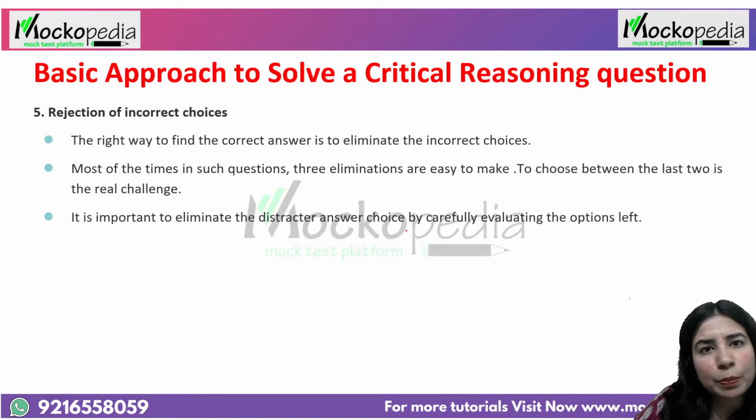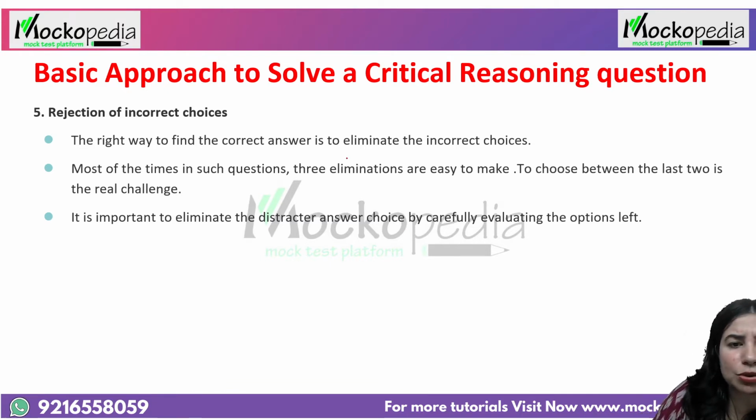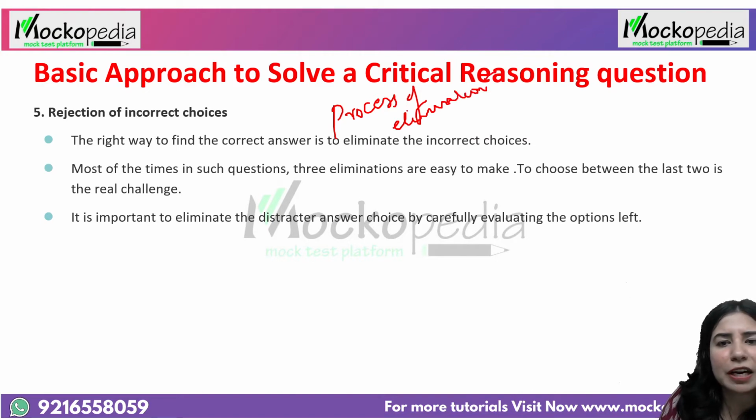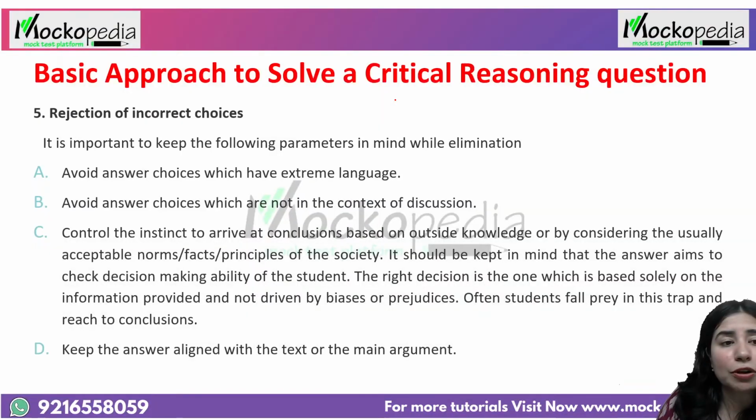The last step would be that you have an answer in your mind. Now you're matching it with the available options. So you need to do this, which we call a process of elimination. So what do we do in process of elimination? We eliminate the incorrect answer choices. So what will be the ground of eliminating incorrect answer choices? Let's discuss. The first ground of eliminating would be to eliminate answers which are extreme.